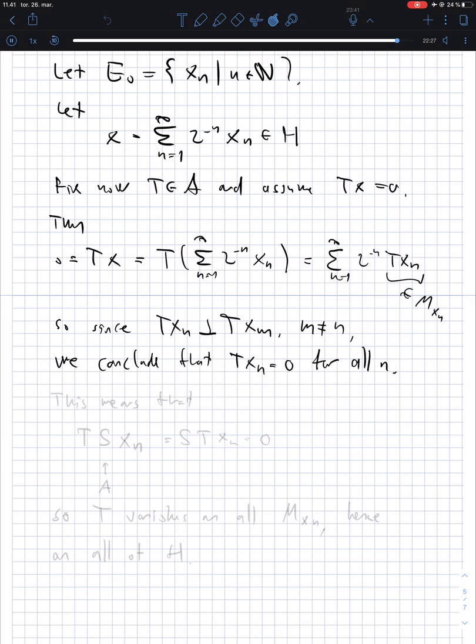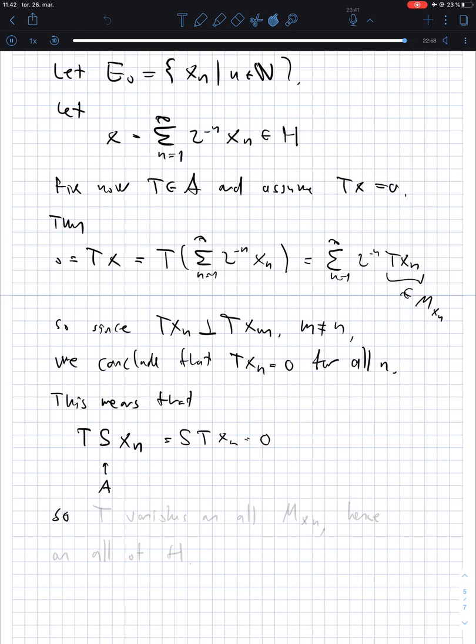Right? And now this means that if we look at T of S x_n, where S comes from A, then because we've assumed that everything commutes, that A is abelian, that's the same as S T x_n, which is 0. Right?